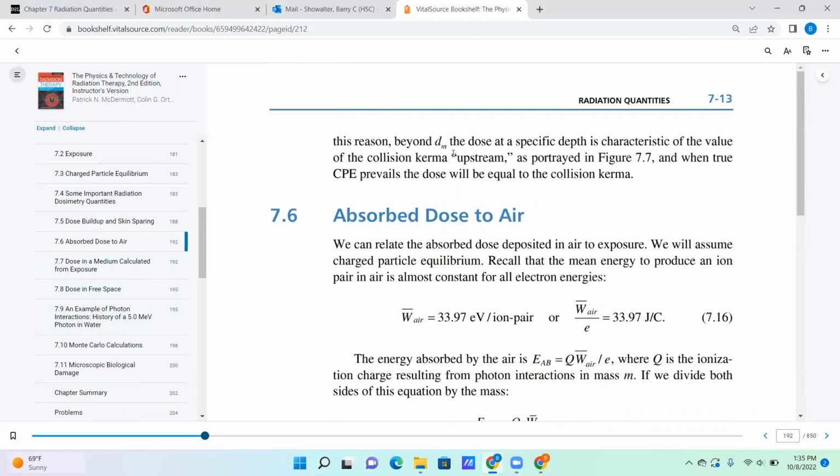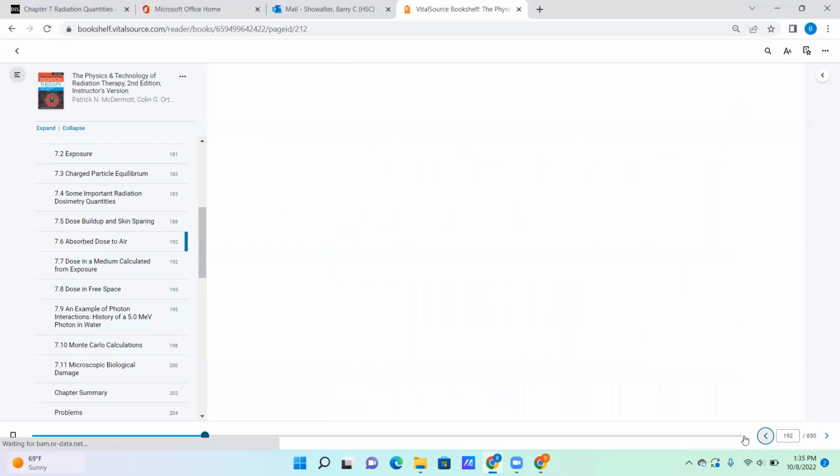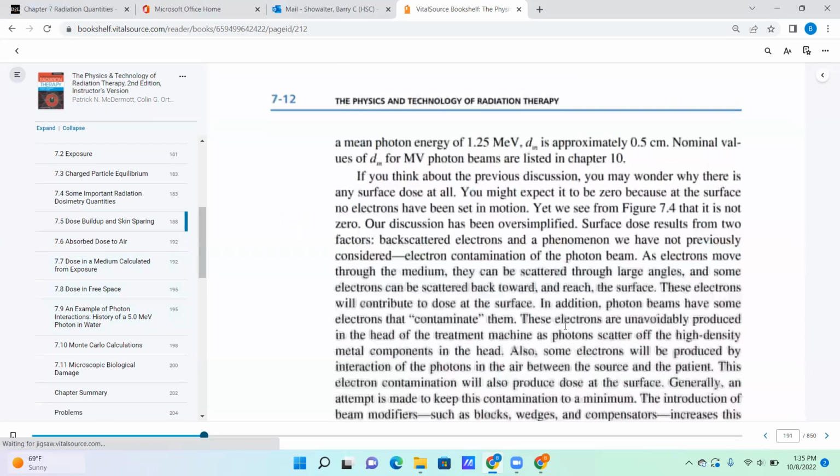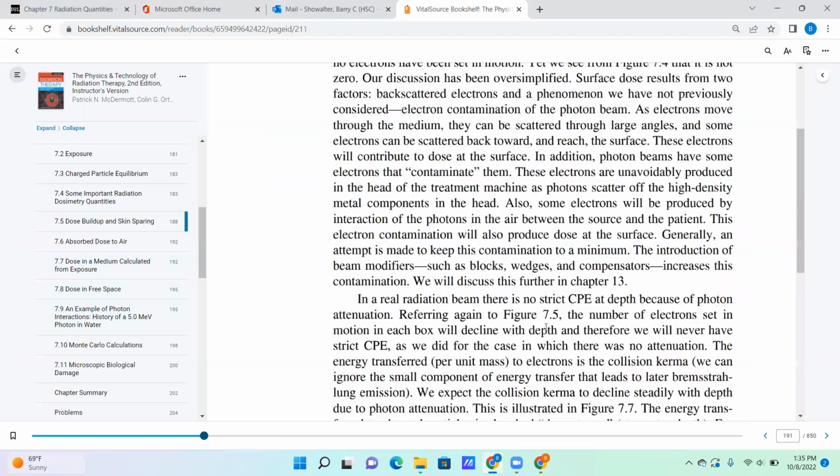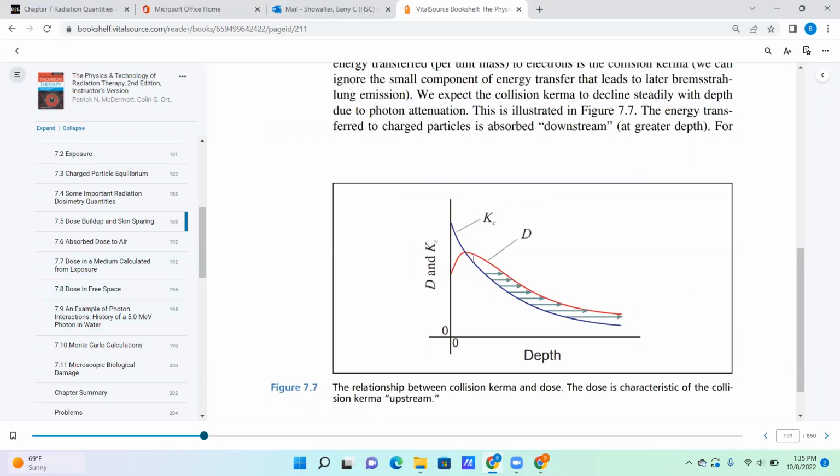For this reason, beyond DM, the dose at a specific depth is characteristic of the value of the collision kerma upstream. When true CPE prevails, the dose will be equal to collision kerma, and that's right here, where the two are equal.